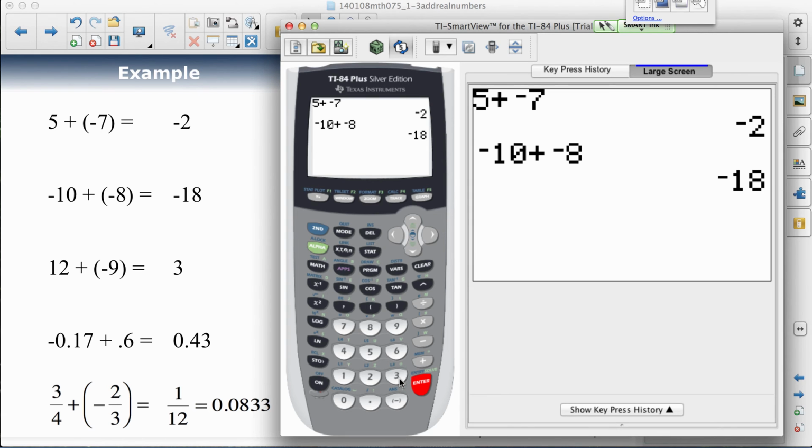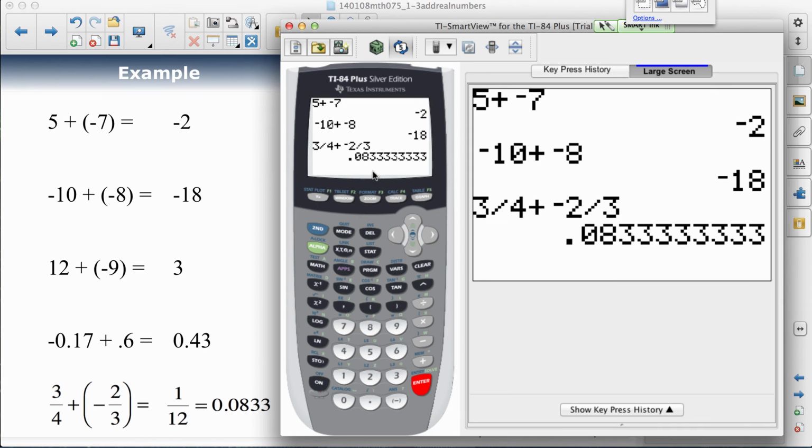So 3/4, so 3 divided by 4 plus a negative 2 divided by 3, 2/3. Go. Now it gives me that same decimal I got. It'd be nice to keep it as a fraction.